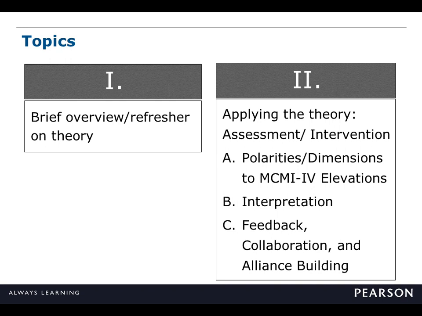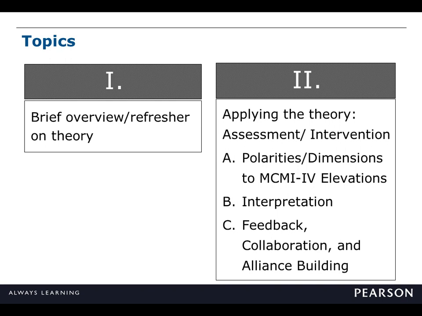So from that point on, a big part of my study and a big part of the work that I've tried to do with the instrument, and a big part of what we've tried to build into the MCMI-IV, has really been geared more so than ever before, although this has always been a part of the MCMI, to really dimensionalizing, to bring out the more molecular characteristics of a human being so that you can utilize the language that the theory provides to help connect, to help the therapeutic alliance, to work in a more collaborative way with the clients that you see.